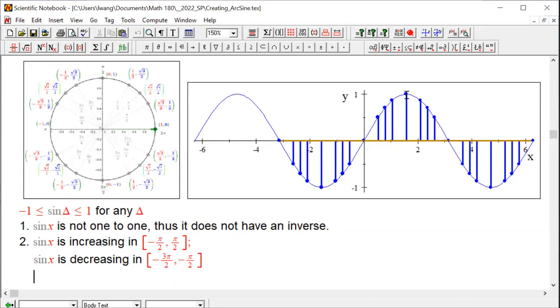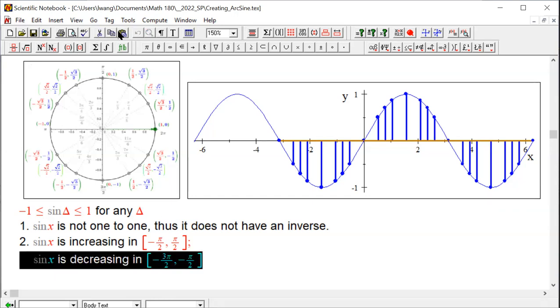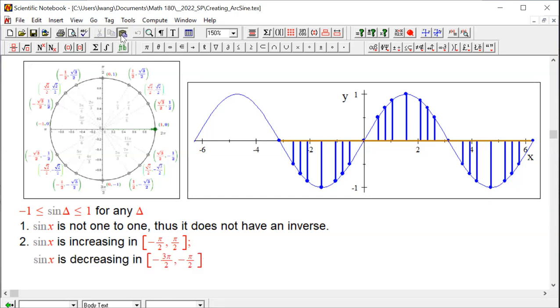You can also say from pi over 2 to 3 pi over 2, right? You can also say sine x is decreasing from pi over 2 to 3 pi over 2, right?